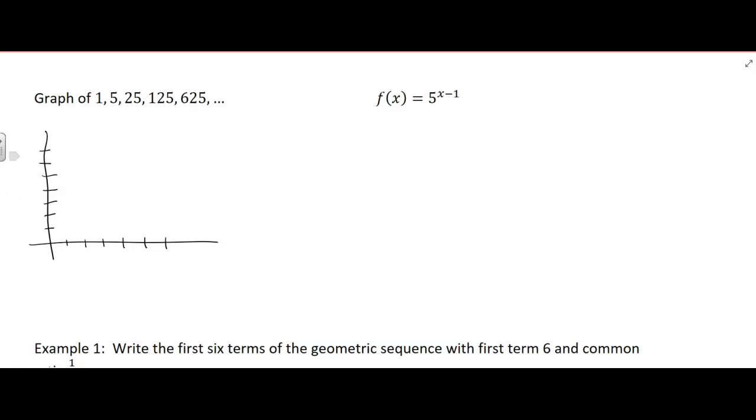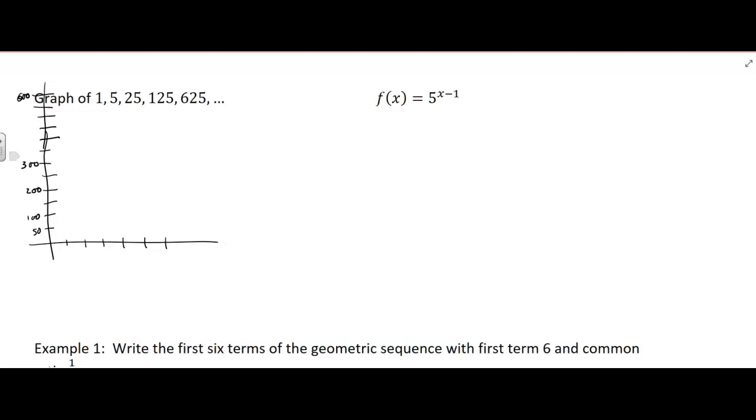Oh, probably going to have to go bigger than that. Let's go by 50s. So 50, 100, then we'll go 200, 300. We'll have to go a little bit higher. 350, 400, 450, 500, 550. Okay, so 600 would be way up there.